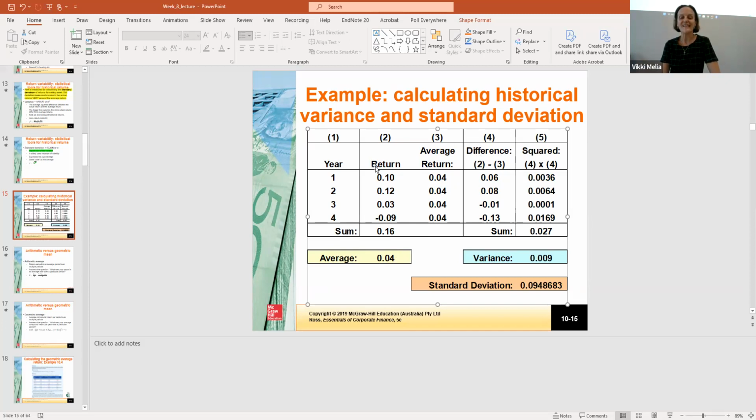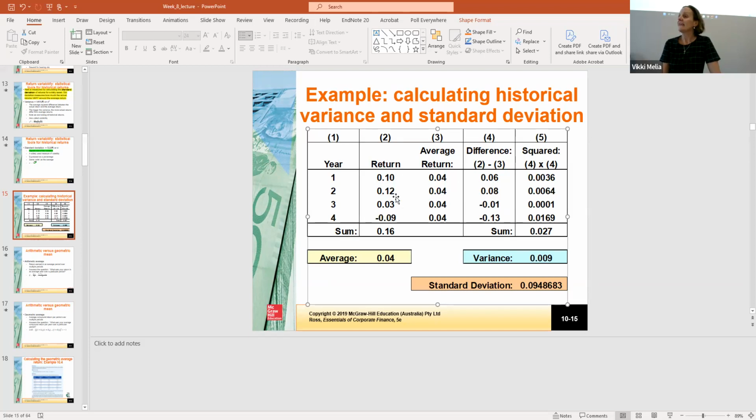Column 4 is the difference between the actual return and the average return. So in year 1, the actual return was 10%. The average return is 4%, so the difference is 6%. In year 2, the actual return is 12%. The average return is 4%, so the difference is 8% in year 2.